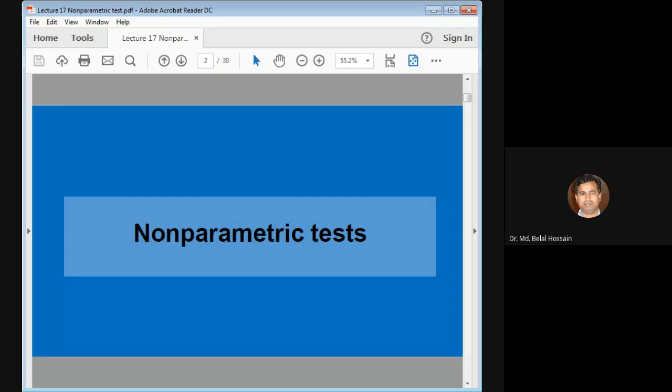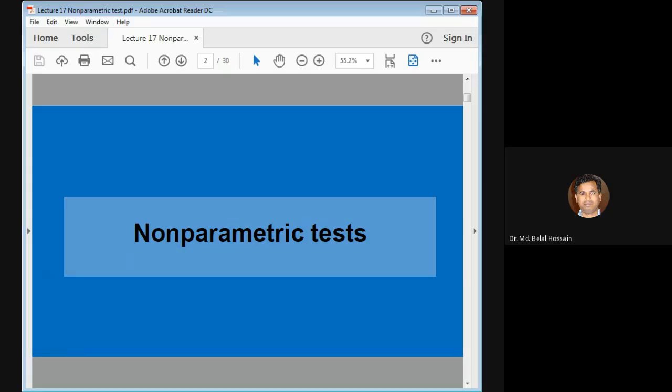We actually studied in some classes earlier. Okay, so those distributions are parametric distributions: T distribution, chi-square distribution, F distribution, and Z distribution, that is normal distributions.